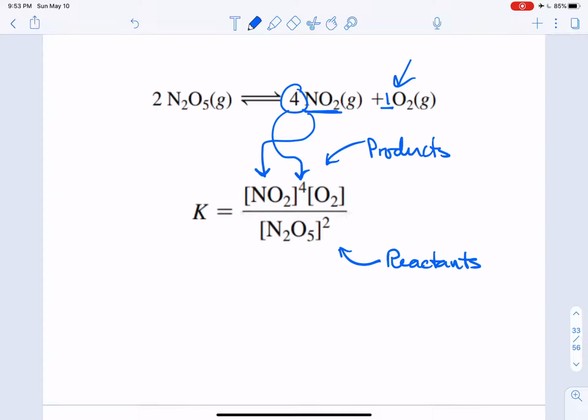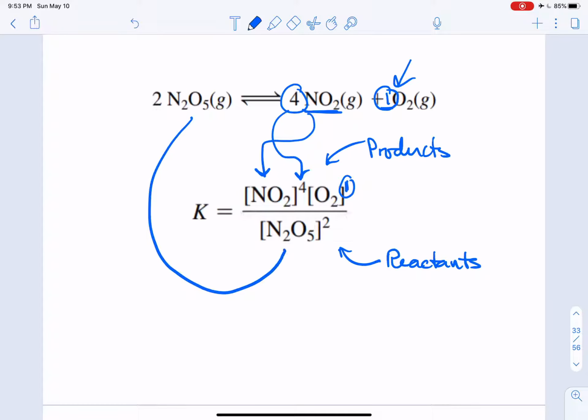Okay, so the concentration of O2, you don't see an exponent there. And when we don't see a number, we assume it's what? It's 1. So you guys can write that in there if you need it, just to show that the 1 is corresponding to the 1 up here. And now in the denominator, we want to put the concentration of the reactant or the reactants.